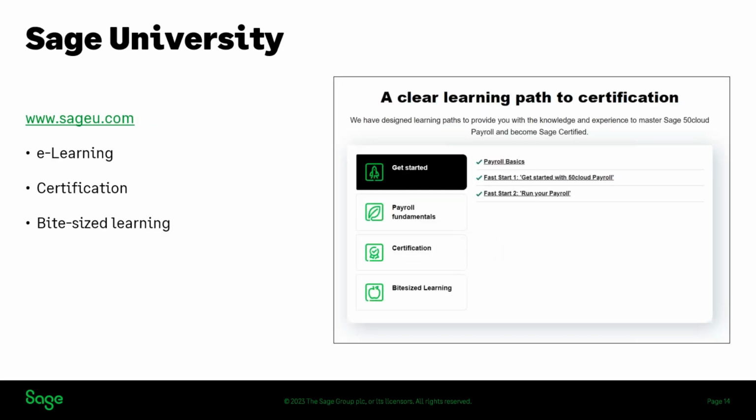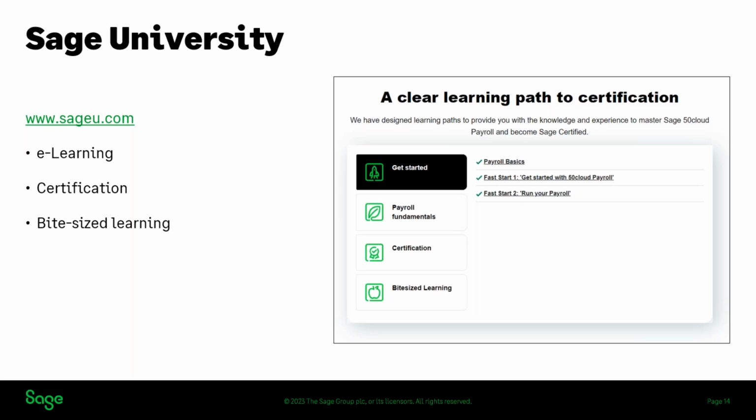And last but certainly not least, Sage University, so sageu.com. If you wish to join us for some further learning, please do head on over to sageu.com. It's free to access, and there are some amazing courses on there, which can be done at your own time and at your own pace. So it's really good if you want to expand your Sage Payroll learning.